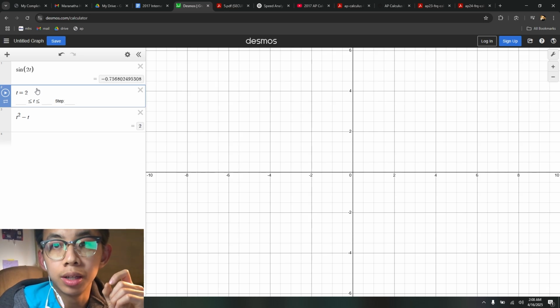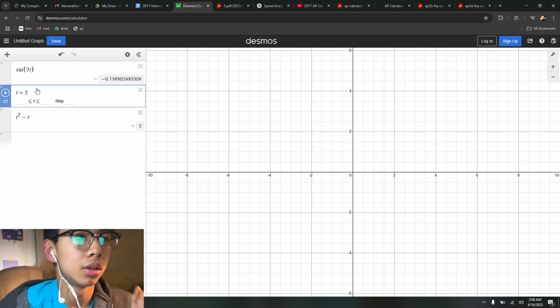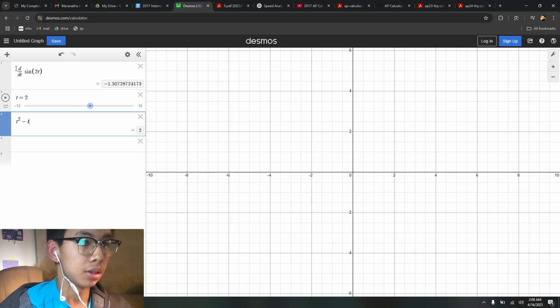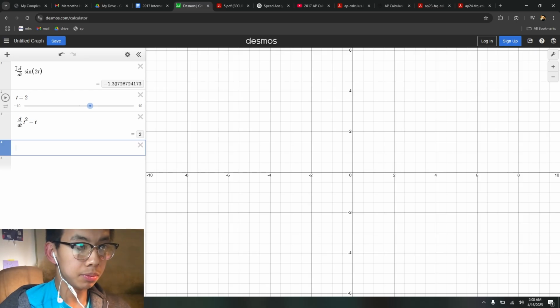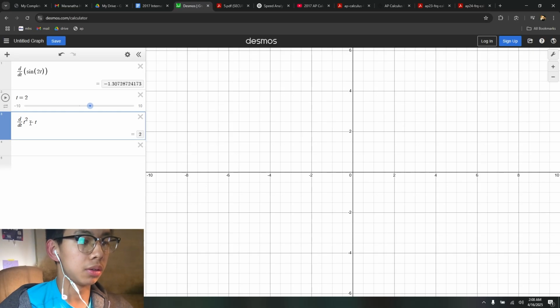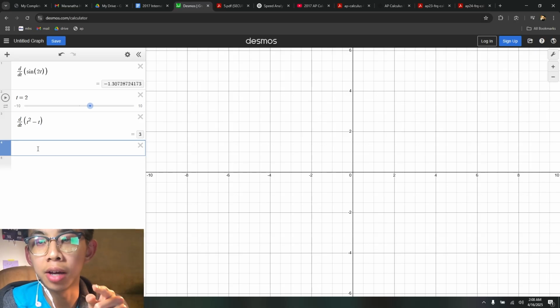What I need to do is find the velocity, because these are my position functions. I can simply use d over dt in Desmos. Make sure I put these in parentheses as well. Now I have the velocity of x and the velocity of y.